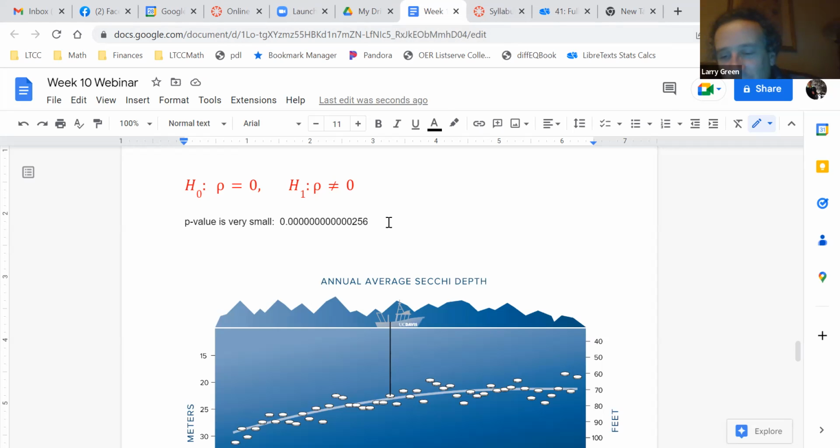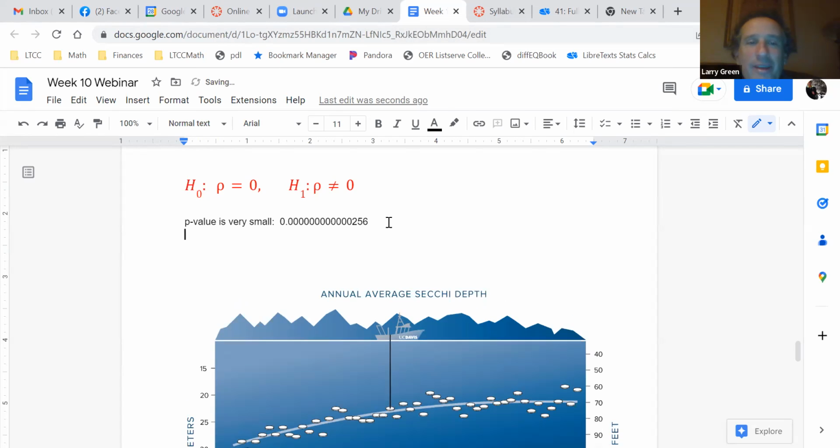Okay, so you should all know the first few words that I need to put out because it's always the same for hypothesis testing. When you have a p of really close to 0, what are the first few words you write down? Let's see if you can put them in the chat box. Again, you should all know the words.